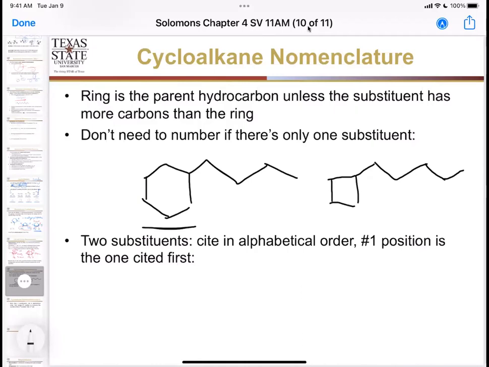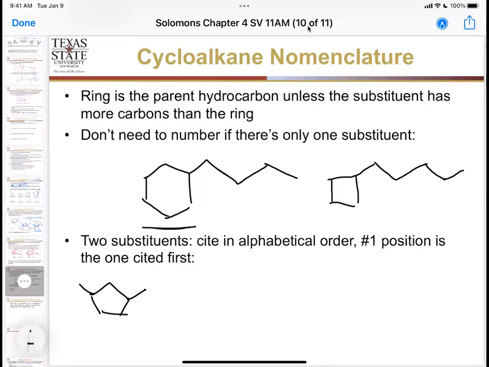Okay, so now we know what we can do if we have 2 of the same substituents on the ring, and we know if we have 1 substituent on the ring. So let's put 2 things on the ring that aren't the same. If we had that and that, we already know that's dimethyl cyclopentane, right?